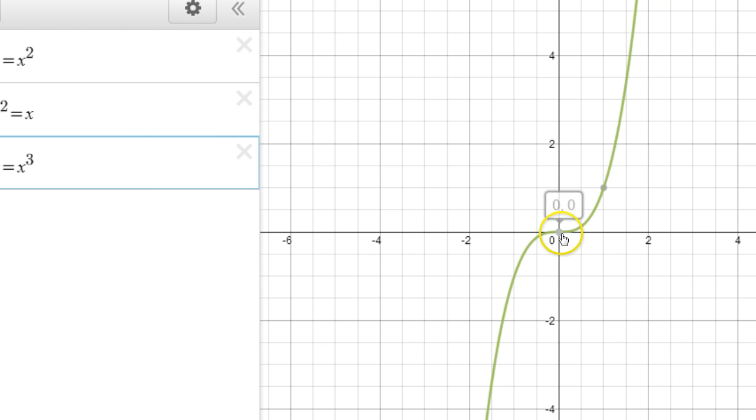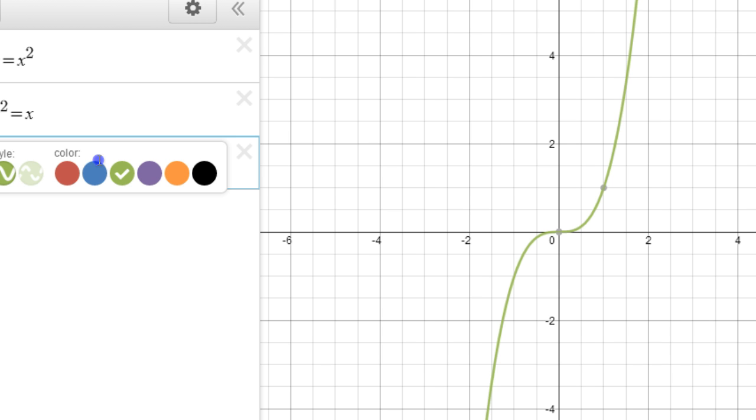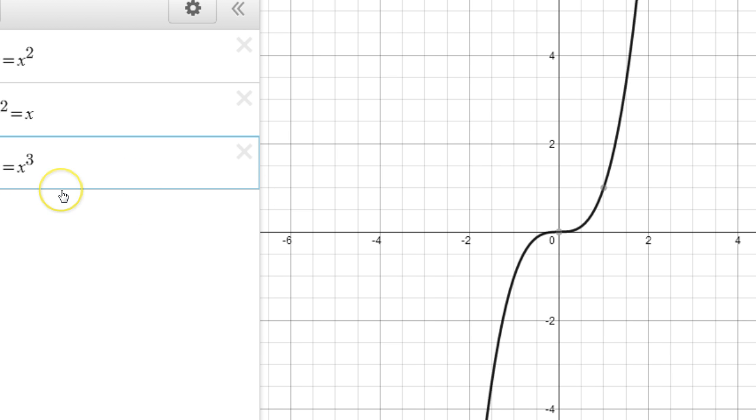It's called point symmetry. If I were to rotate this upside down 180 degrees, this graph would still be the same. So if I rotated it 180 degrees, I still have it.